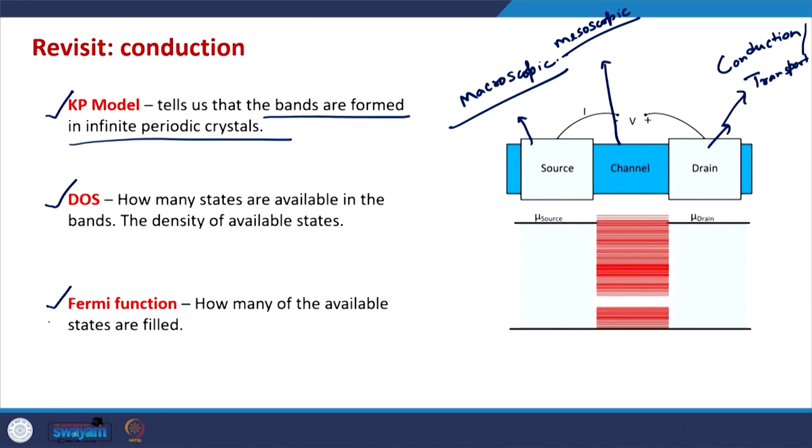And that is governed by this function, which is known as the Fermi function or Fermi Dirac distribution function. This comes from quantum statistics, and one of the main concepts that plays a role here is Pauli's exclusion principle.